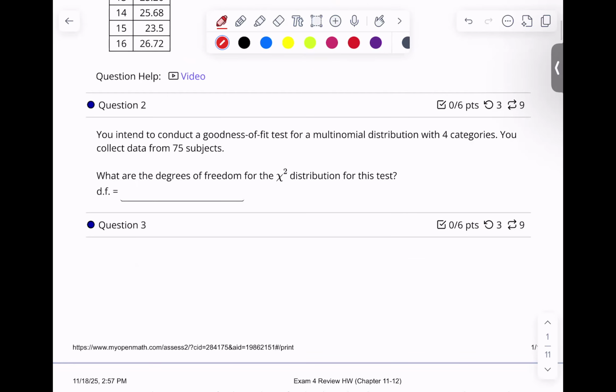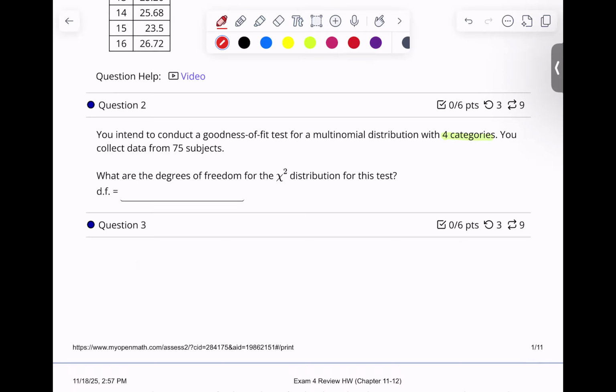All right, problem number 2. You intend to conduct a goodness of fit test for a multinomial distribution with 4 categories. You collect data from 75 subjects. What are the degrees of freedom for the chi-square distribution for this test?